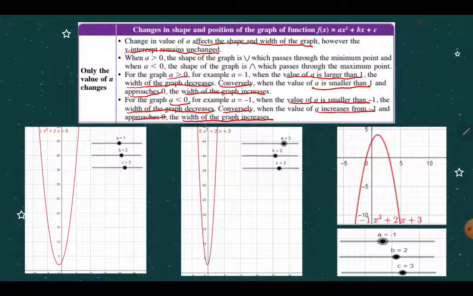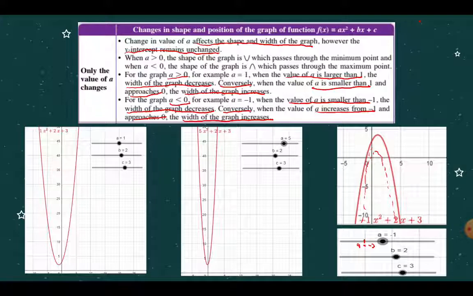However, if I were to put it at negative 2, let's say A equals negative 2, the graph will become smaller. The width of the graph will become smaller.